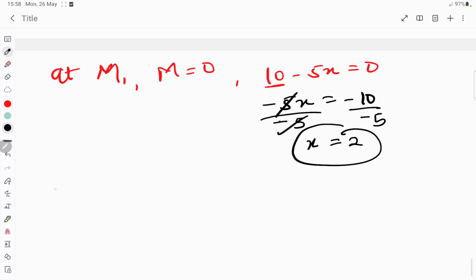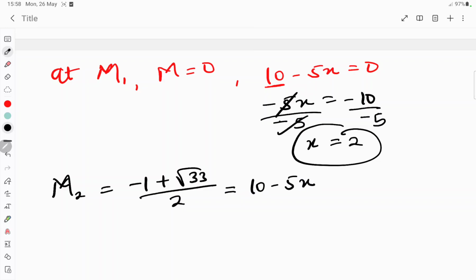Then for the second one, which is our m2, we have m equal to minus 1 plus root 33 over 2, and this is equal to 10 minus 5x. Good. To get the value of x, we simply cross multiply.